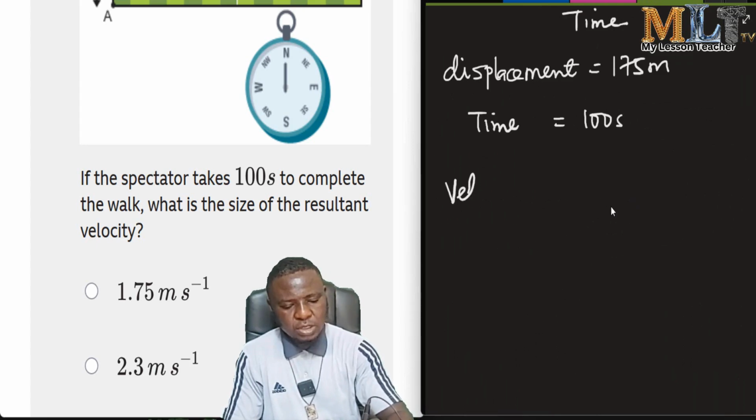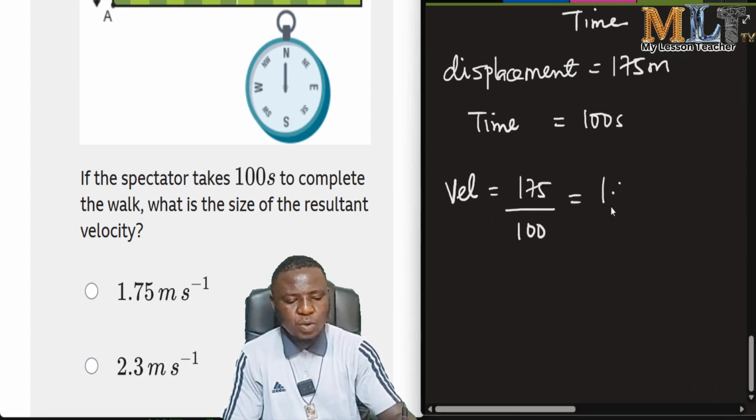So velocity will be equal to 175 divided by 100, and this is 1.75 meters per second.